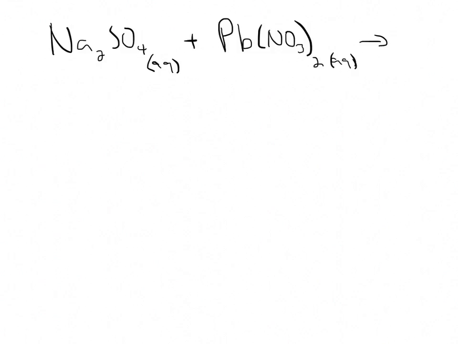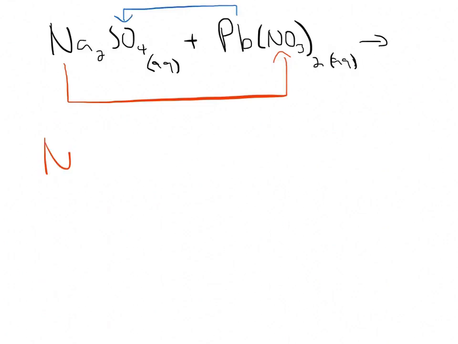All right, let's take a look at this reaction. Here we have our two reactants. Both are aqueous, so they're both soluble. What are the two products that could possibly form? Na and NO3 could combine, or this cation with this anion. So let's do the red one.